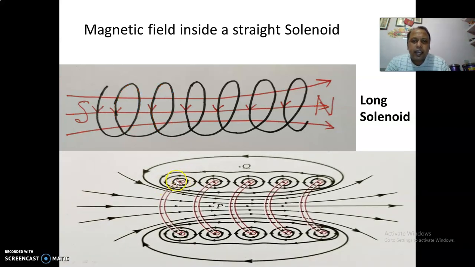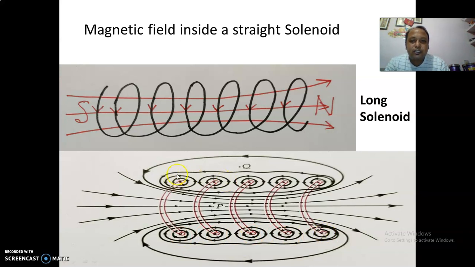Look at the diagram here. These are the points where the current is coming outwards from the plane of the paper, so these are shown by dots, whereas these are the points where the current enters the plane of the sheet, so these are shown by a cross sign.